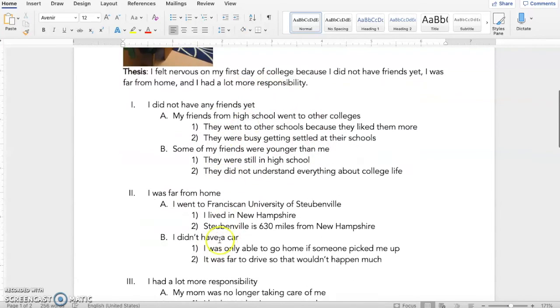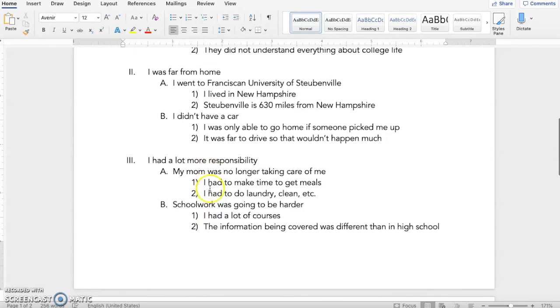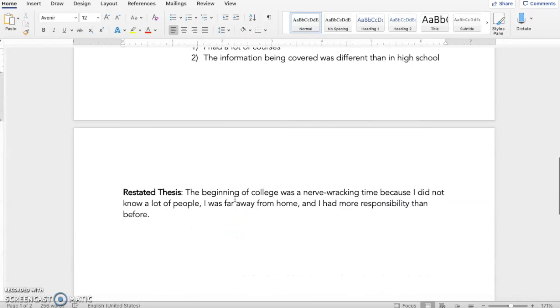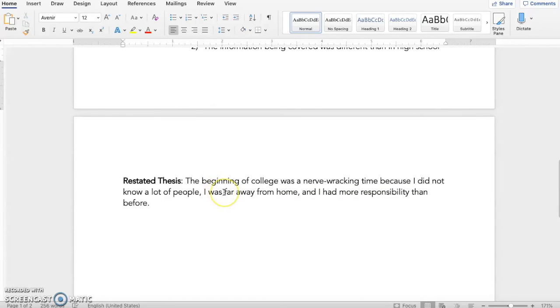I'm going to take the ideas from each of these paragraphs, put them in order because I've ordered them nicely and logically. And then when I start my conclusion, you start your conclusion with your restated thesis. So I'll put that sentence as my first sentence in my conclusion, my final and 5th paragraph. And then I'll go again into some more general ideas about change and transition.